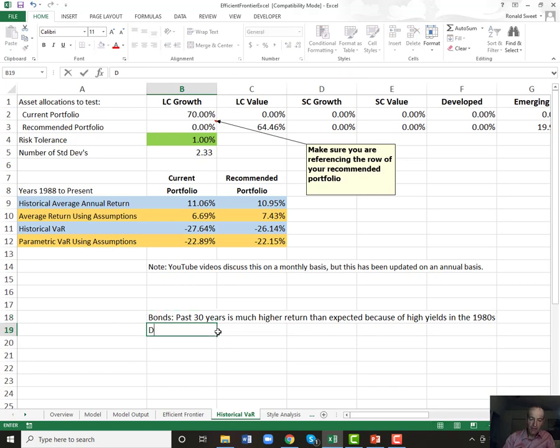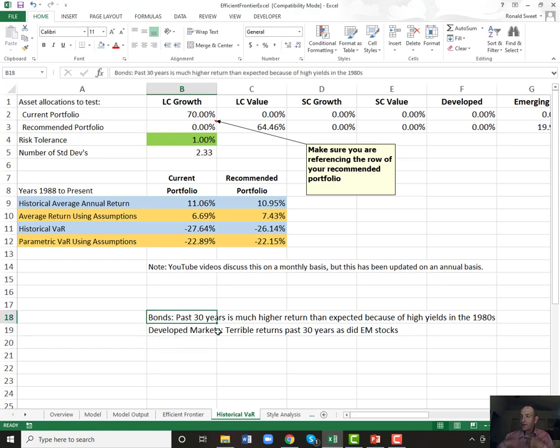And the other thing is, the developed markets had terrible returns the past 30 years, as did emerging market stocks. So if your customer had a high allocation to bonds, and now you're reducing that, that's going to make your parametric VAR look worse than historical, because bonds have done so much better historically than you would expect going forward.